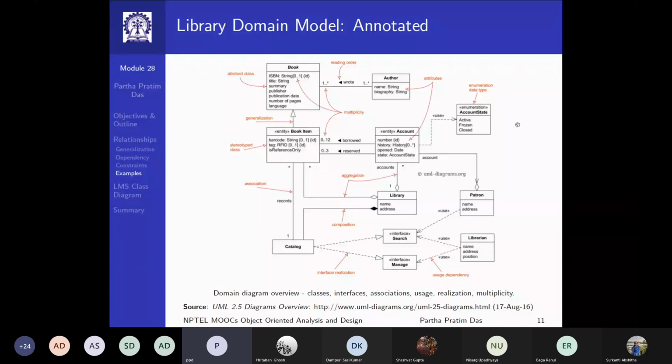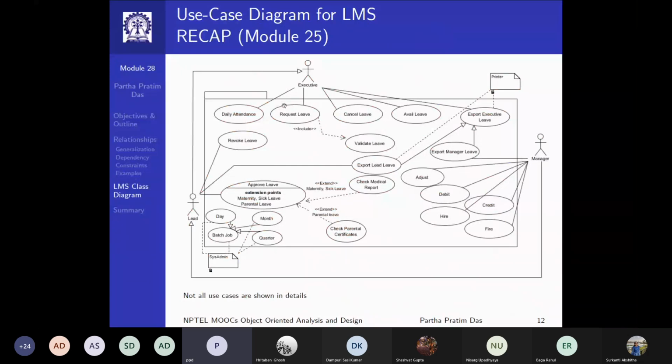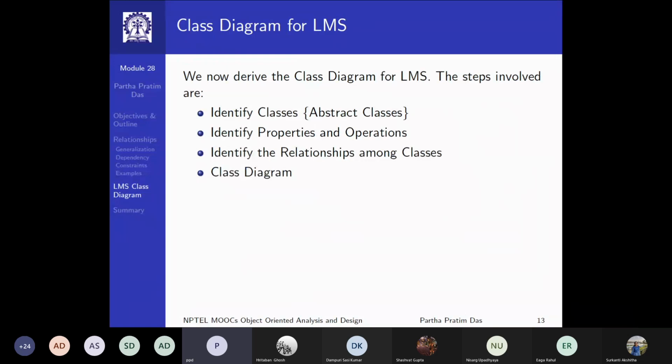Right. So I will leave this for you to understand. You already have the leave management system specification, so you can validate that. This is kind of the use case diagram which we have already seen, of different actors and use cases. And we will translate this now into the class diagram.